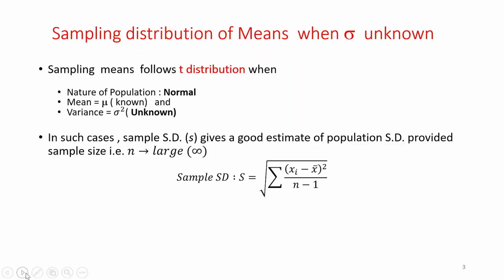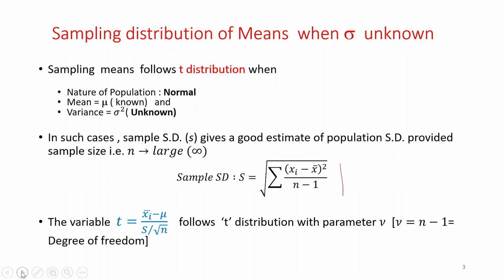So we all know the formula to calculate the sample standard deviation. This is a very well-known formula, and most of you would know it by now. This is the formula used to find the standard deviation of the sample.